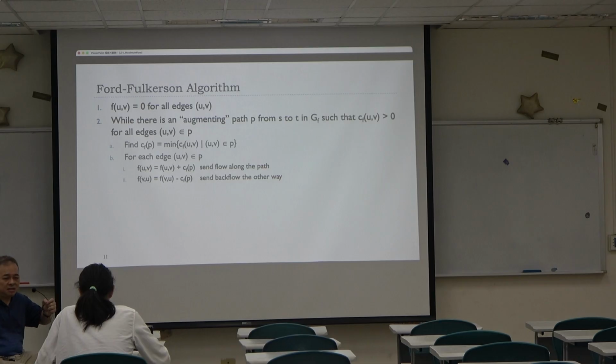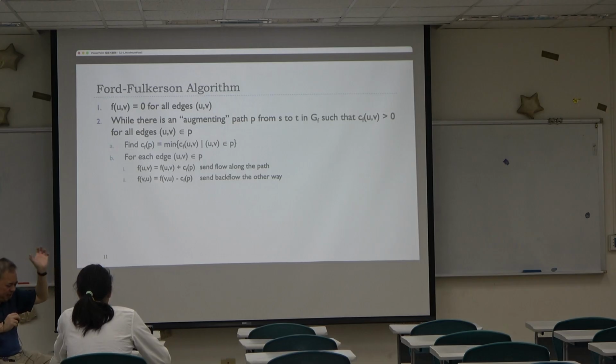If this path has remaining capacities 10, 5, 20, then obviously you can only send 5 through this path.